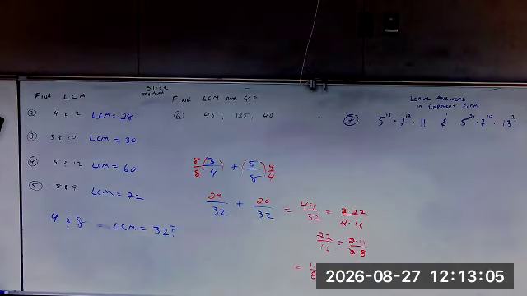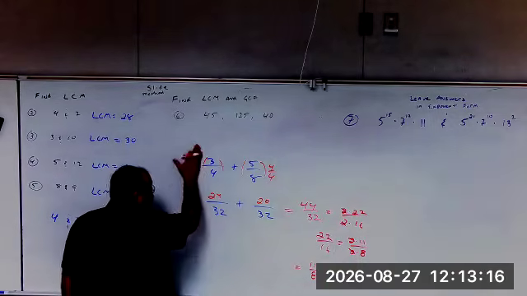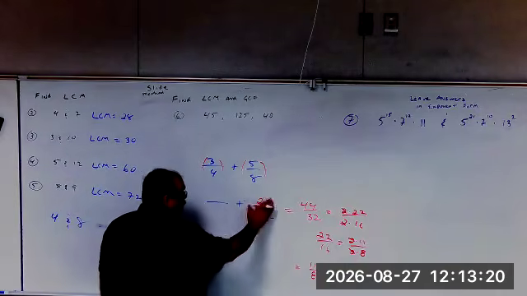I know a lot of students will say, can't we just multiply the two numbers together and get the common denominator? It's not the least common, not always. Take a 4 and an 8.